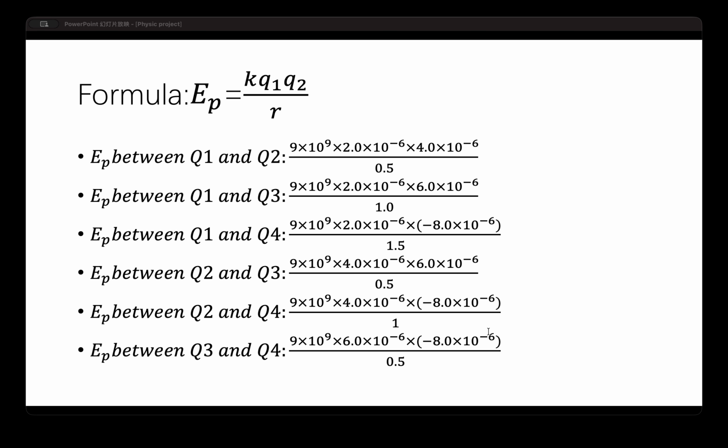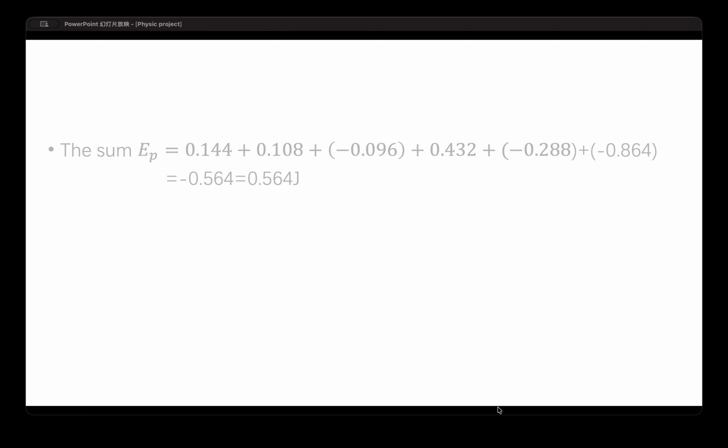By putting these values into the formula, we can find the value of 6 different electric potential energies. By adding them together, we get the answer of 0.564 joules.